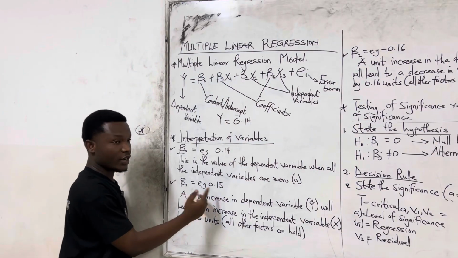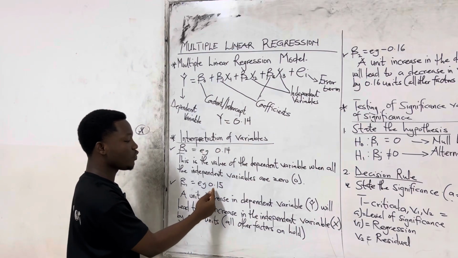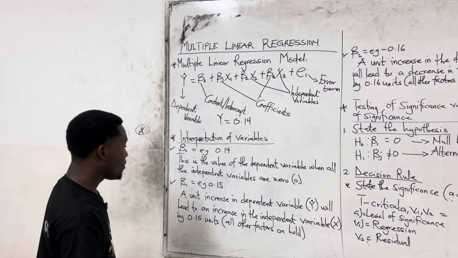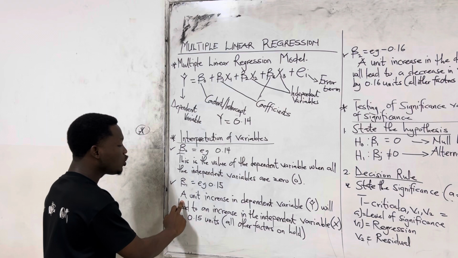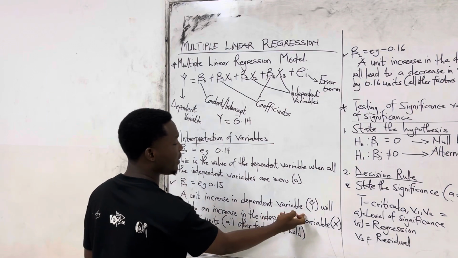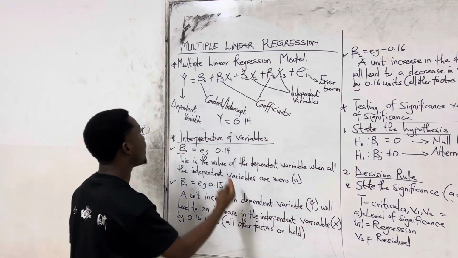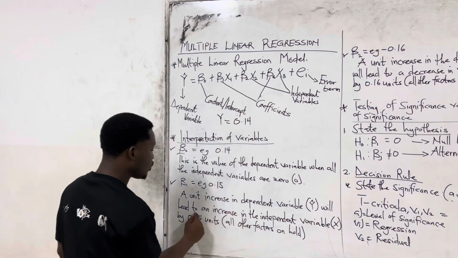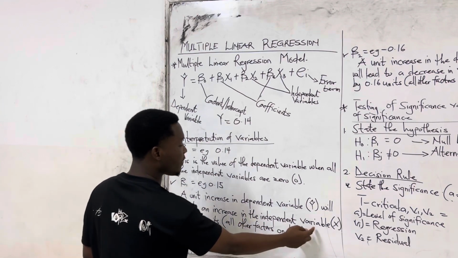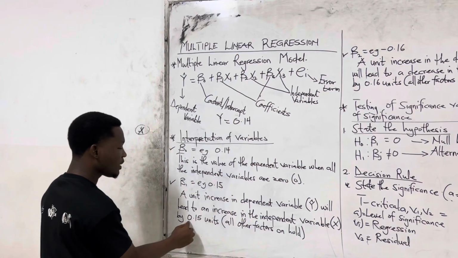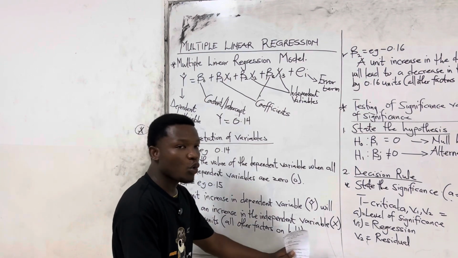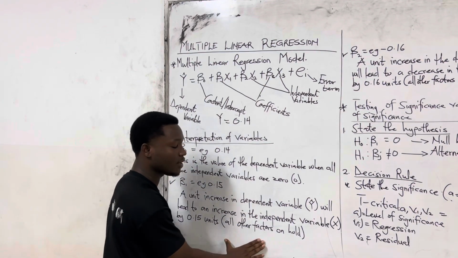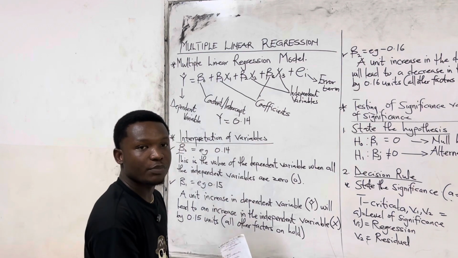So the beta 1, for example, let's say the beta 1 is equal to 0.15. A unit increase in the dependent variable, which is the y, will lead to an increase in the independent variable x by 0.15 units, all other factors on hold. This phrase is the same as all other things being equal.